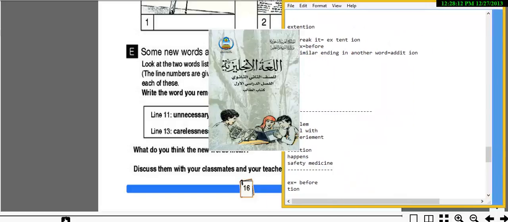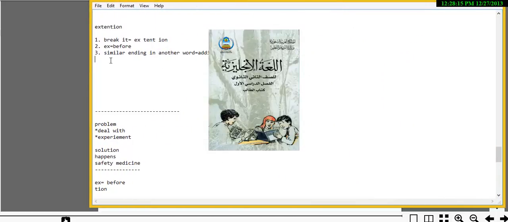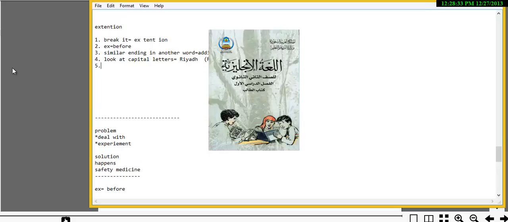Let's just try to make it larger here. Okay. The fourth thing you can do is actually to look at capital letters. Why? To find out if it's a noun. Like, for example, there is Riyadh, you know, it's letter R. That's going to tell you it's a noun of something. And you can also look at pictures to find out the meaning.